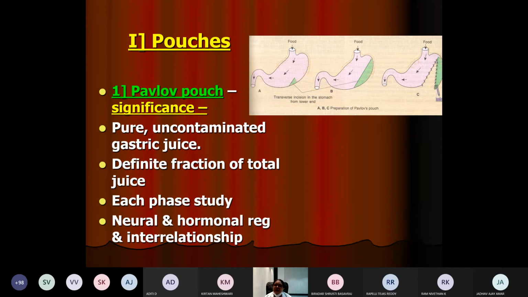What is that arrow mark showing? Food goes inside and it is coming outside. Paul's pouch significance: pure, uncontaminated gastric juice, a definite fraction of total juice. Each phase, study neural and hormonal regulation and interrelationship.